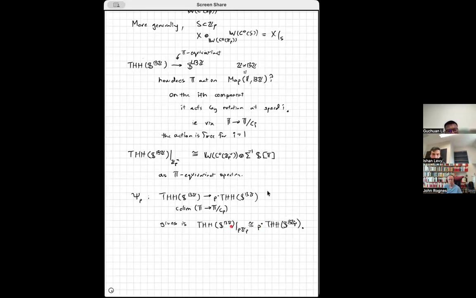The reason is that a point in here is like a loop, and you're looking at maps from circles to circles that have degrees that are multiples of p. But if the degrees are multiples of p, then they factor through this degree p map. And that's why this is true.